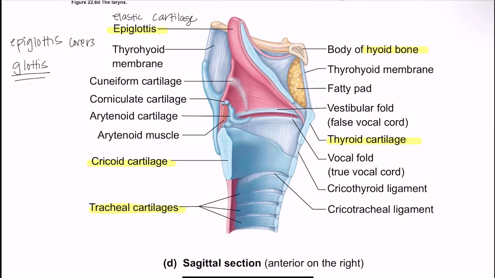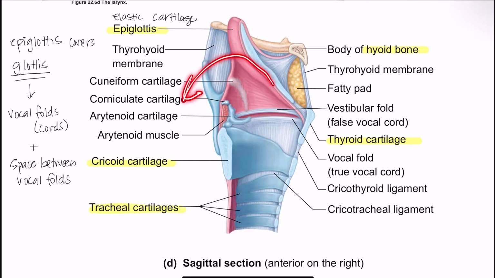The glottis is two things. It's the vocal cords, vocal folds, and the space between vocal folds. Not found in this picture, but it's what the epiglottis covers, which makes sense because epiglottis is above the glottis.